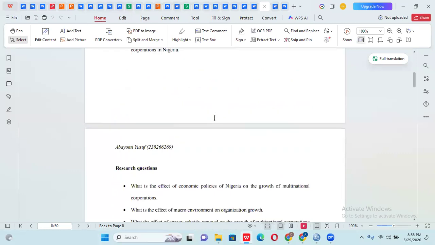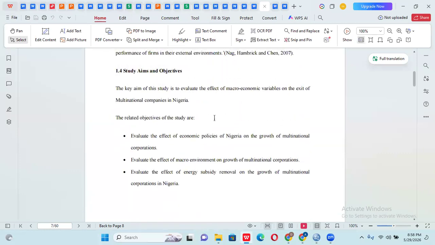So let's look at this objective. Look at the objective of the research. Examine the effect of economic policy of Nigeria on the growth of multinational corporations. Evaluate the effect of micro environment on growth of multinational corporations. Evaluate the effect of energy subsidy removal on the growth of multinational corporations in Nigeria.